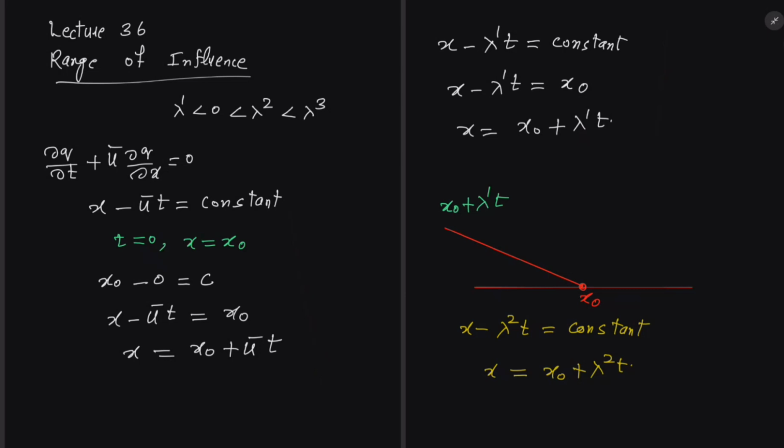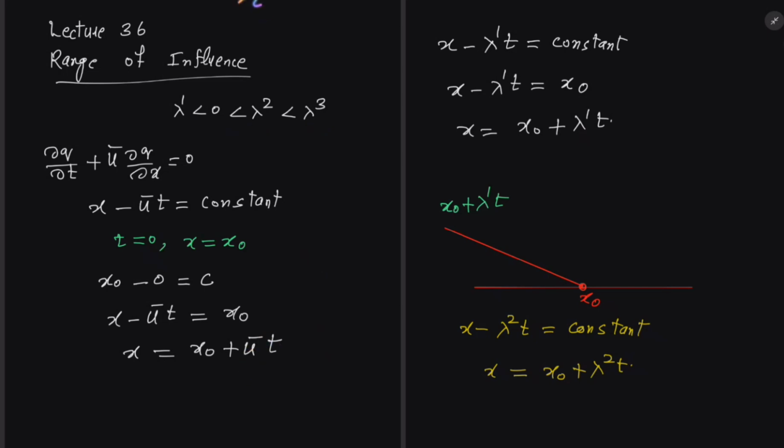Since there are three eigenvalues, there are three characteristics, three equations, three waves. The point is fixed. When I draw this characteristic, its slope will be positive, but since it is less than lambda 3, its slope will be a bit higher.